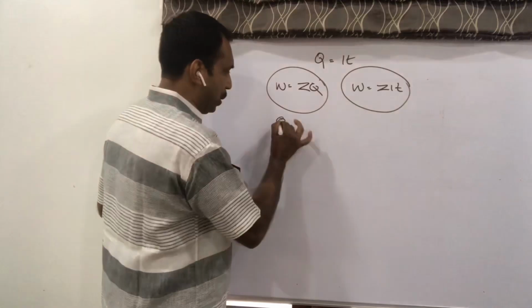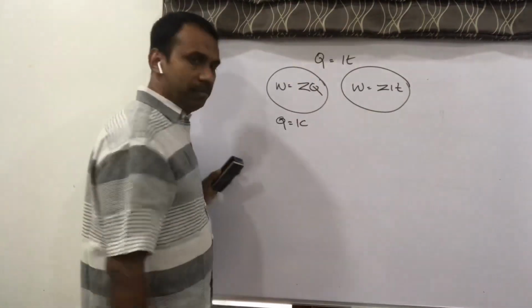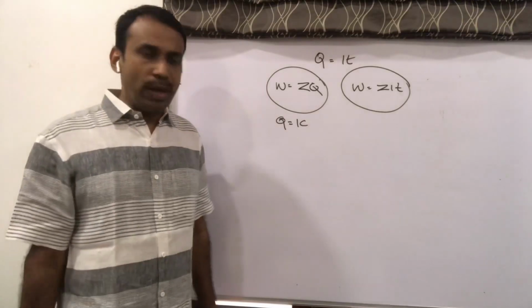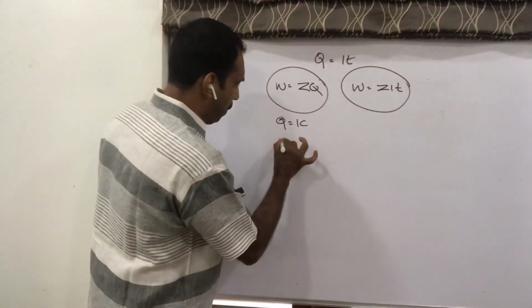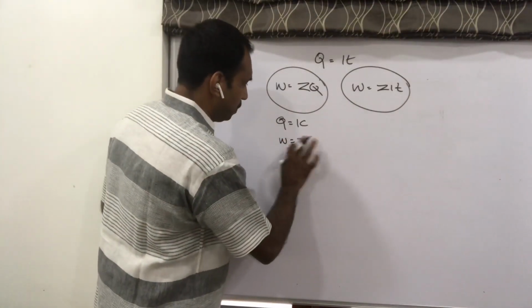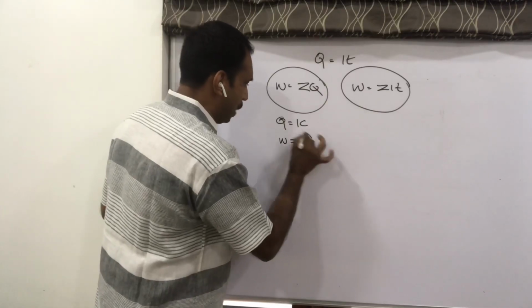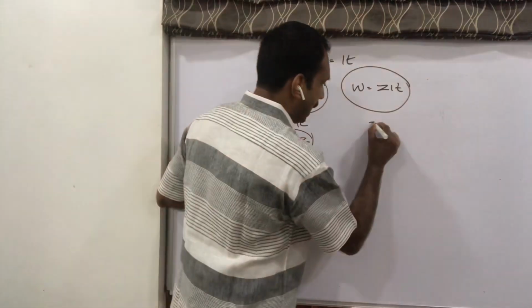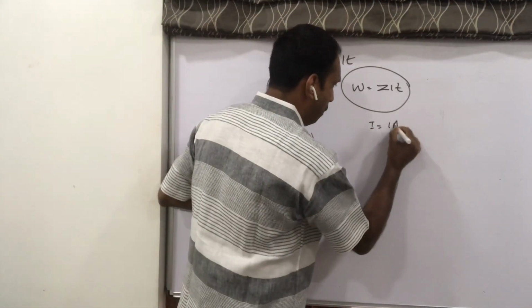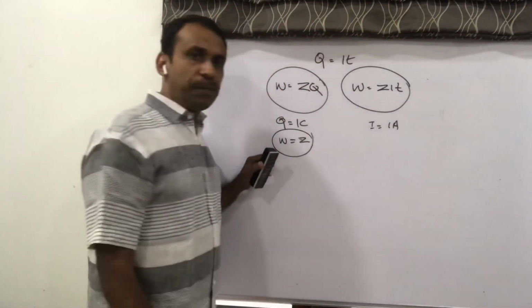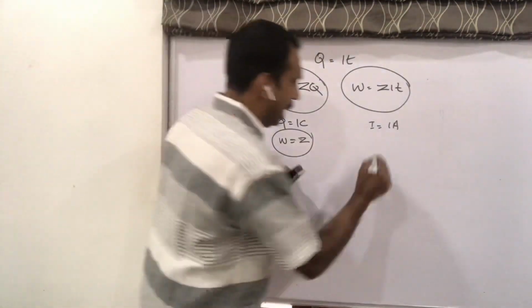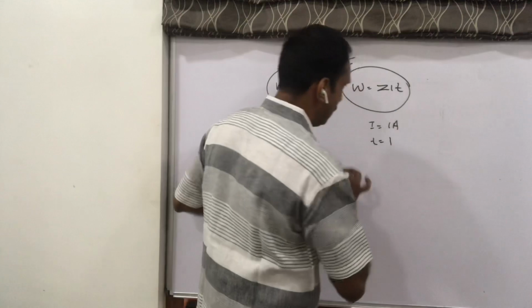Suppose Q equal to 1 coulomb. The charge passed through the electrolyte is 1 coulomb. We get W equal to Z. Now suppose the current passed is 1 ampere, where I means current, and T is 1 second.